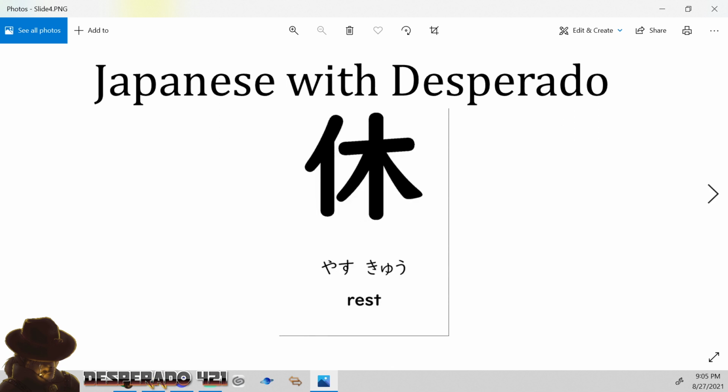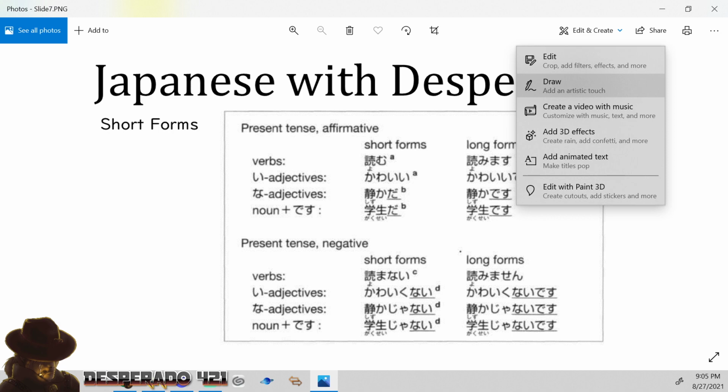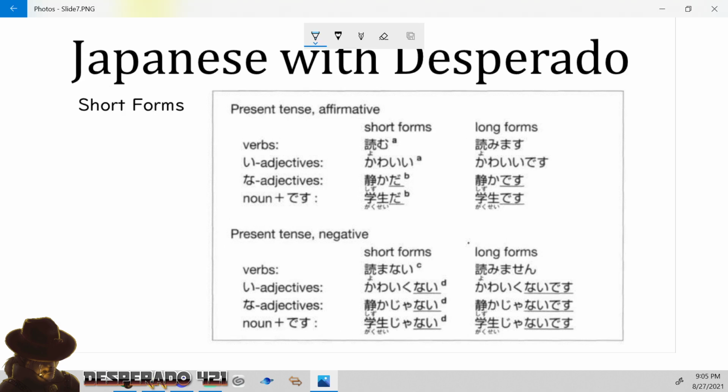We have the kanji from last time. But we're going to do a quick review of our short forms here, because they're going to be important for what we're going to be learning next. So let's go back over this.